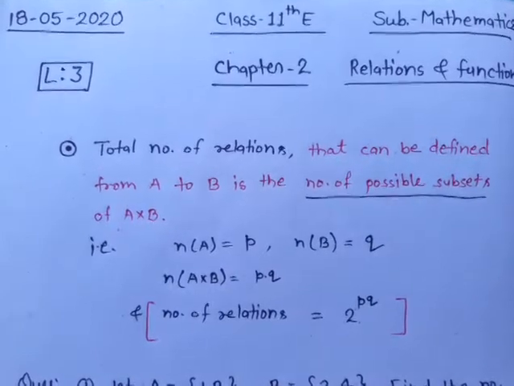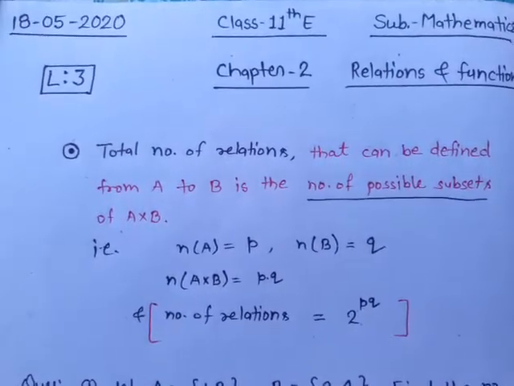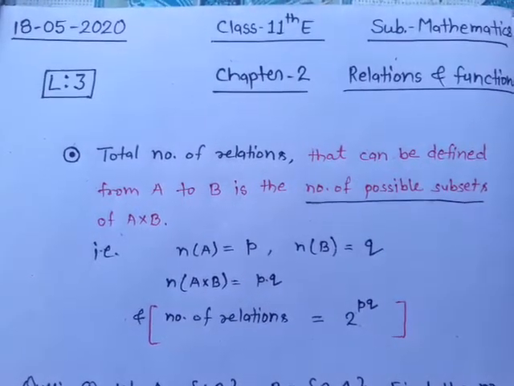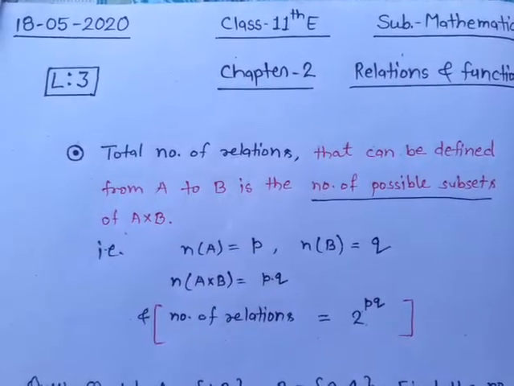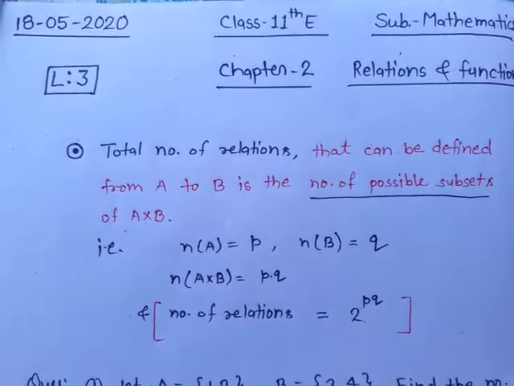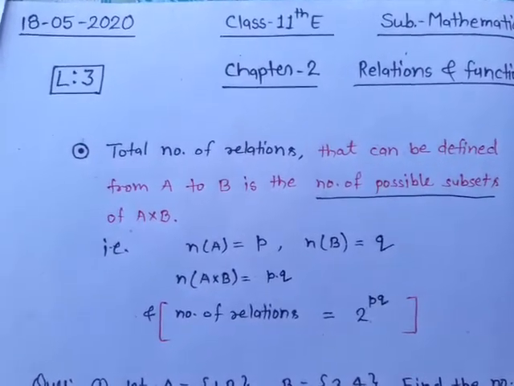For defining a relation, we take two non-empty sets A and B, and any subset of A cross B is said to be a relation R from A to B. It is the collection of ordered pairs, and in an ordered pair the second element is called the image of the first element. What is the domain?